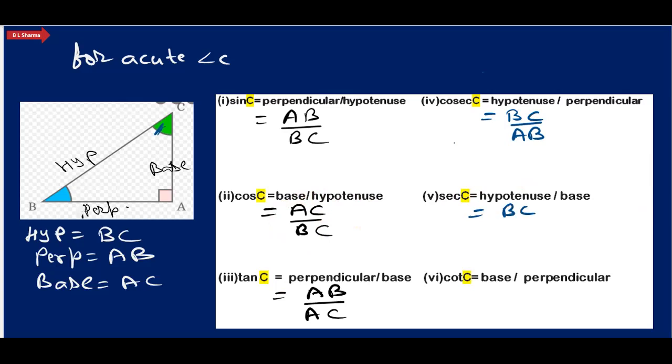The hypotenuse is BC and the base is AC. And cot is the reciprocal of tan. Tan is perpendicular upon base, so cot will be base upon perpendicular, that is AC upon AB.